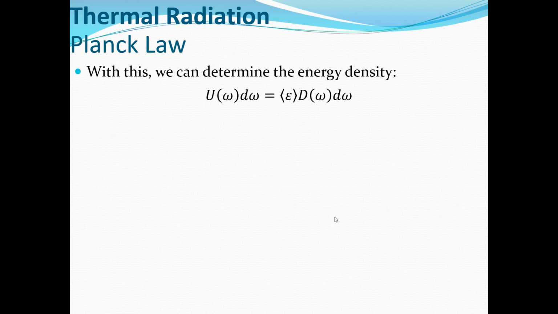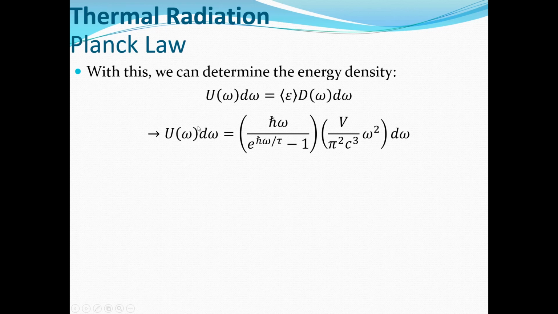We take this one step further and relate this to energy density. As you could probably guess, the energy density would be the average energy times the density times the d omega. So plugging this all in and then integrating. Sorry, not integrating.